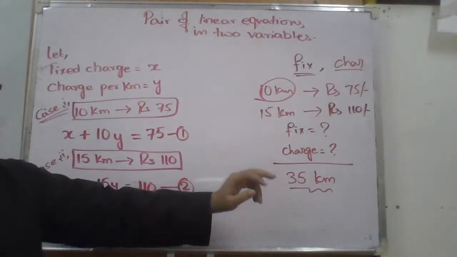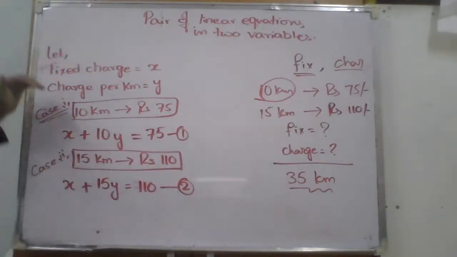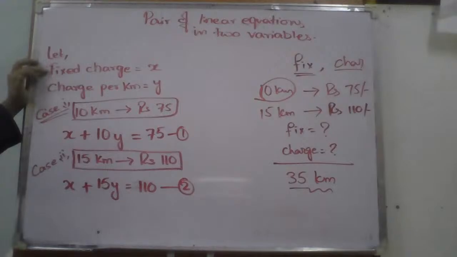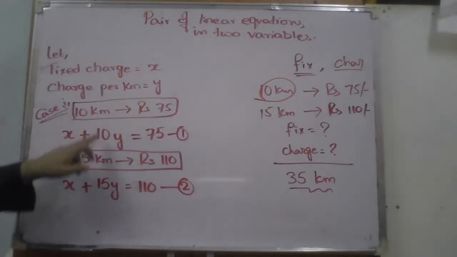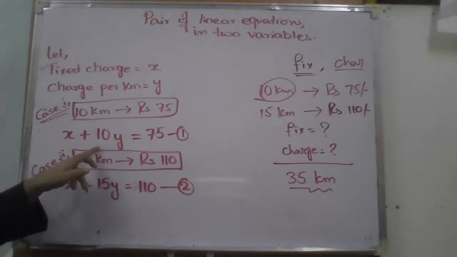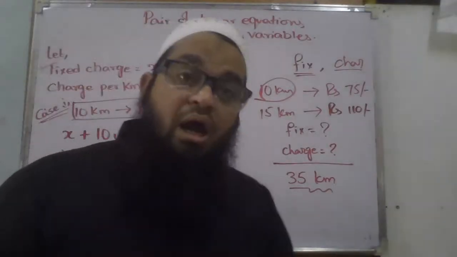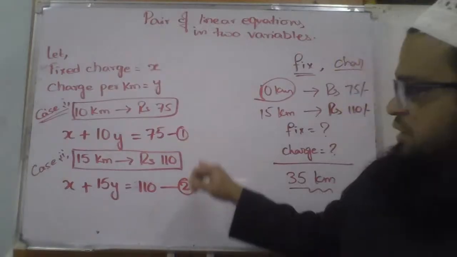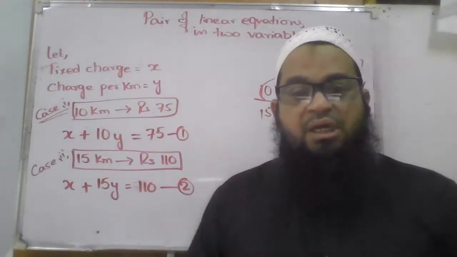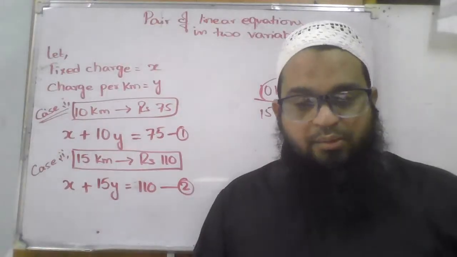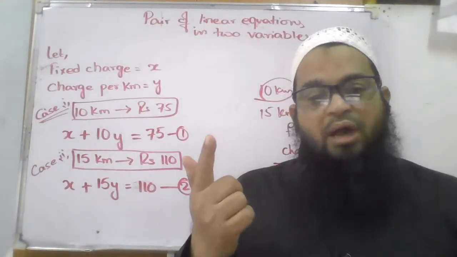Whatever you have to find, you take as a variable, and then you write case 1 as an expression, and case 2 also as an expression. Once we get the expressions, we understand that this question is a pair of linear equations in two variables. So either you substitute or you eliminate.